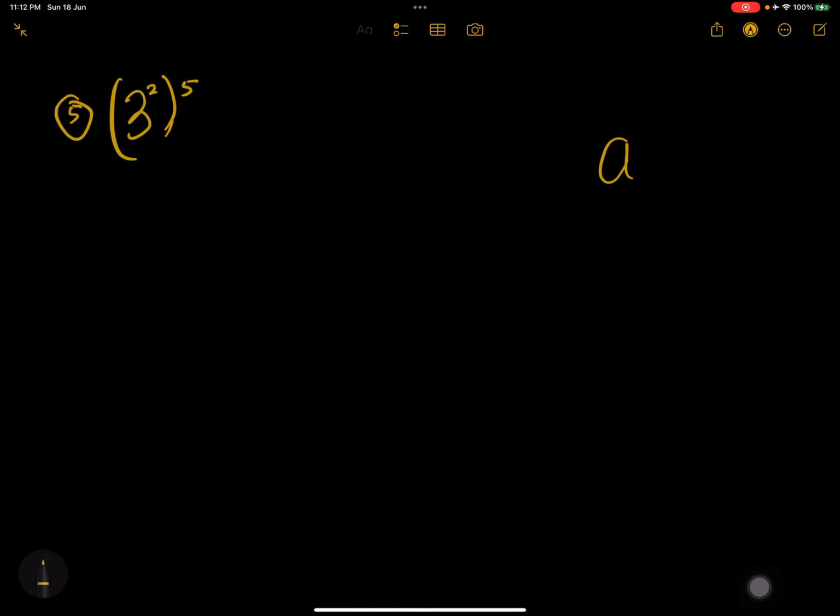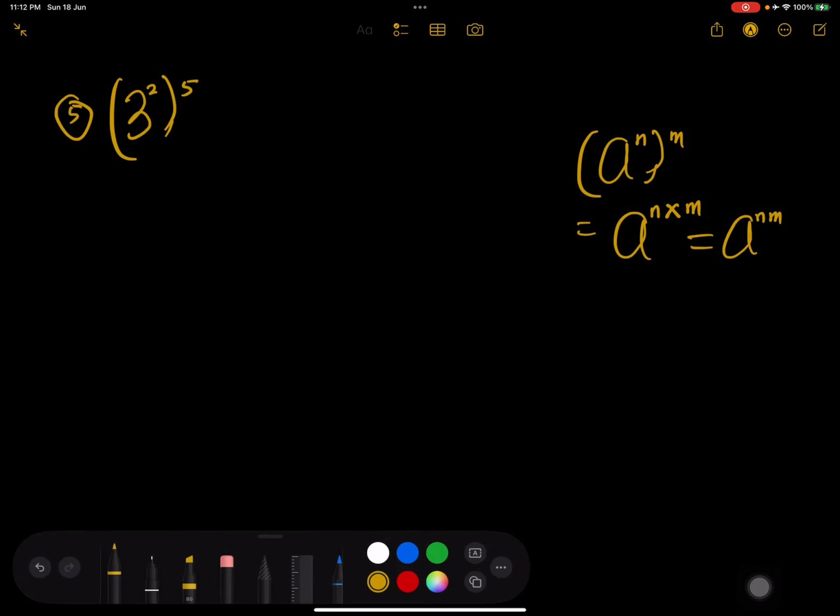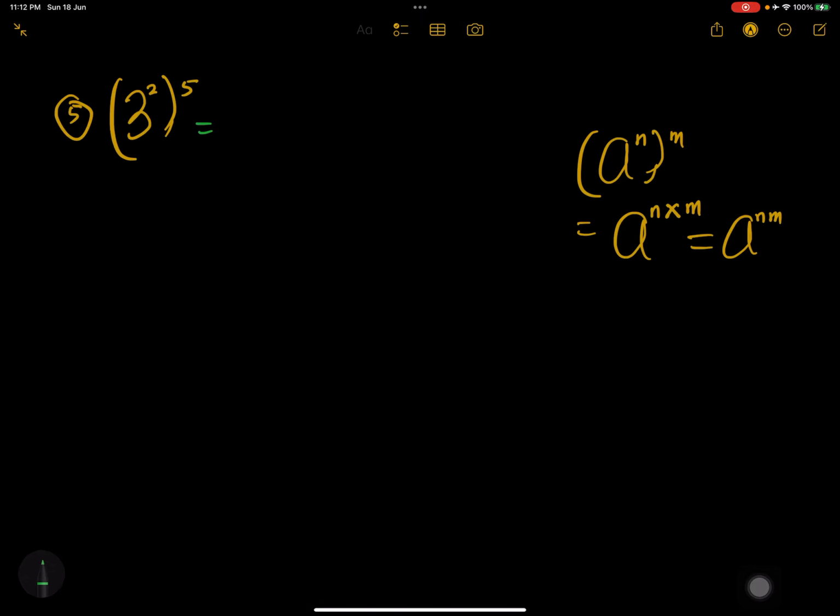If you have a to the power of n all to the power of m, we said that it's the same as a to the power of n multiplied by m. So we're going to do the same thing here. It's going to be 3 to the power 2 multiplied by 5, and that gives us 3 to the power of 10.